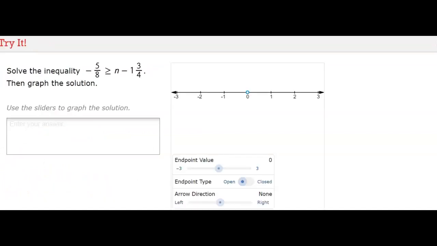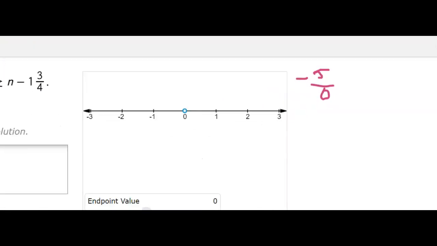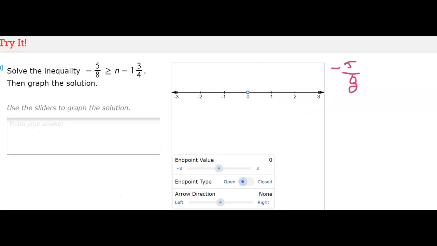Solve the inequality negative 5/8 is greater than or equal to n minus 1 3/4. Then graph the solution. I am going to just rewrite it over here. Negative 5/8 is greater than or equal to n minus 1 3/4.